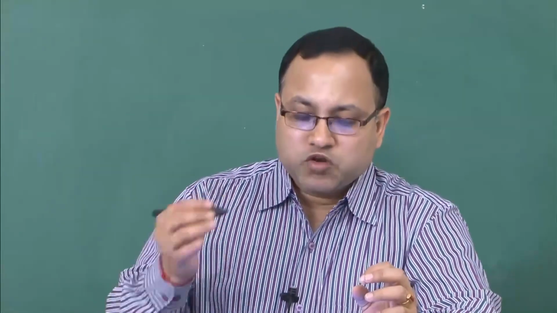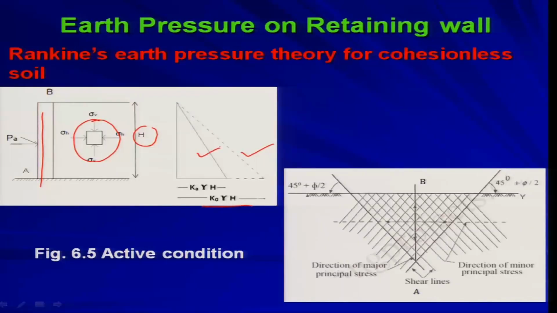Now, we need to find out the variation. We will see that this variation will also be linear, because sigma h by sigma v is Ka, where Ka is nothing but the earth pressure coefficient at active condition. We need to find out Ka.